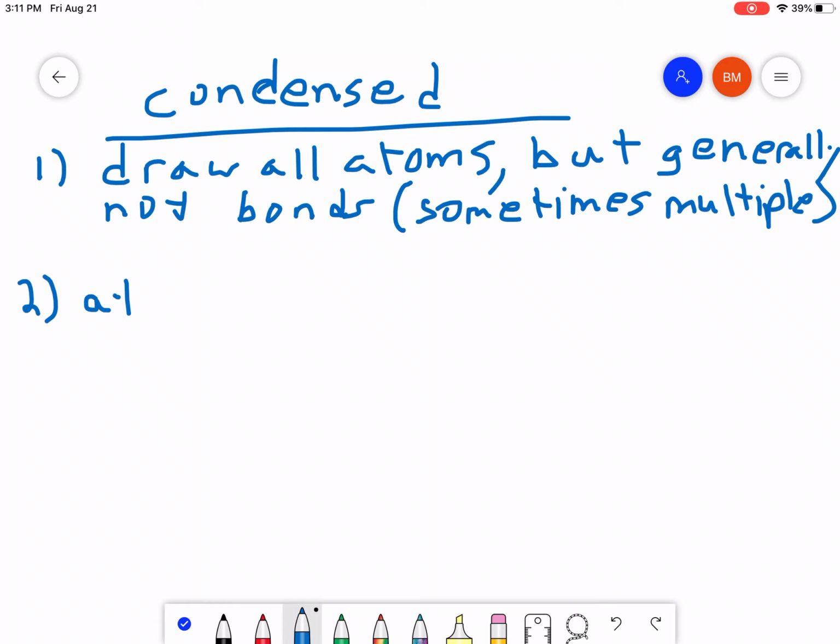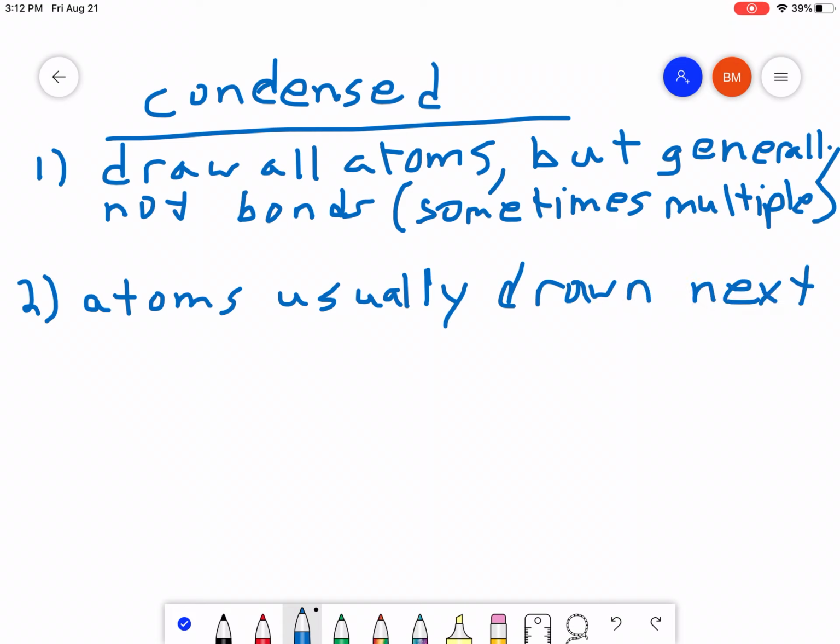The atoms are usually drawn next to the atoms they're bonded to.